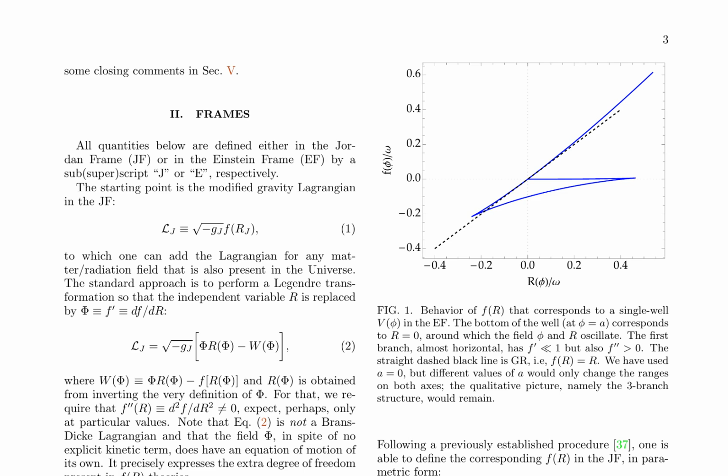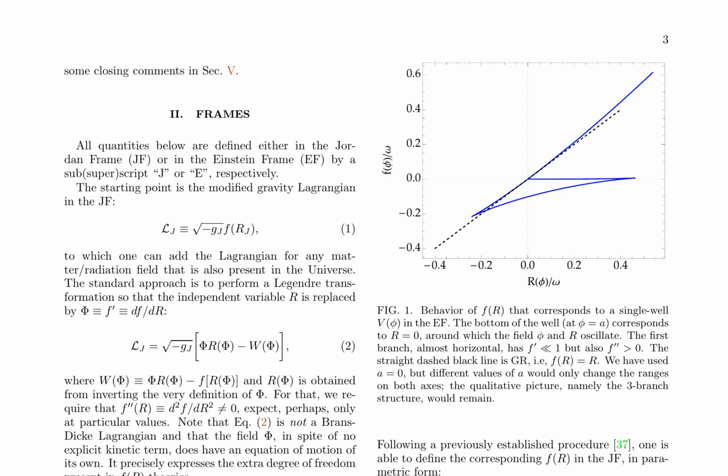The modified gravity Lagrangian in the Jordan frame, JF, is defined as L_J = √(-g_J) F(R_J), where R_J is the Ricci scalar.